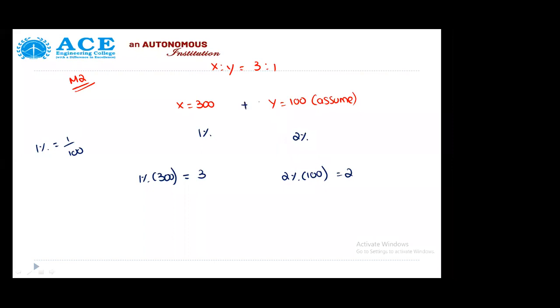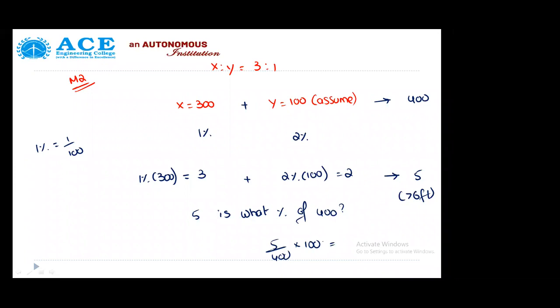Now both countries together, the population is 400. Together, 5 are taller than 6 feet. So you have to calculate 5 is what percentage of 400. This is 1.25. That's the answer, 1.25%.